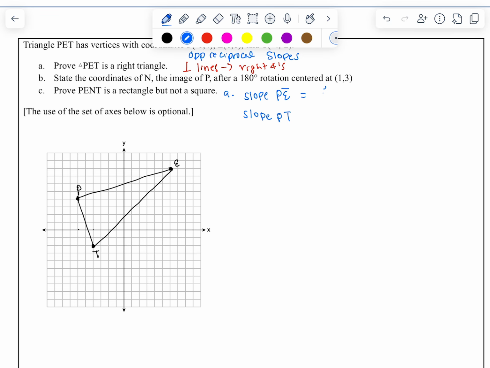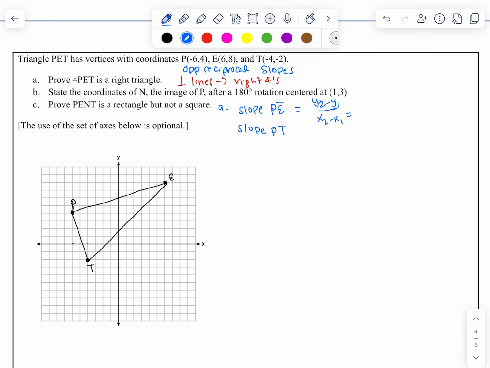Okay, write your formula, which is y2 minus y1 over x2 minus x1. Using points P and E, that would be 8 minus 4 over 6 minus negative 6. So that's 4 over 12. In simplest form, that's 1/3.